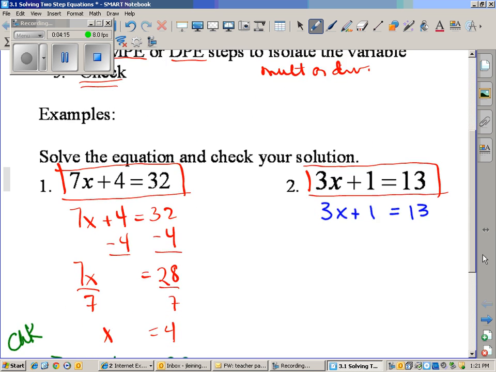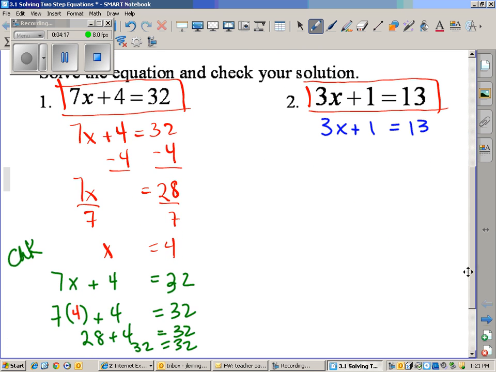Do I have addition or subtraction that's attached to the variable? Yes, I do. I have this 1 who's added. I'll subtract. Bring down the 3x equals 12. And now I'm left with one lonely thing attached to the x. 3. 3's multiplied, so I do the division step. And now x is by himself, x is 4, and I'll do my check.